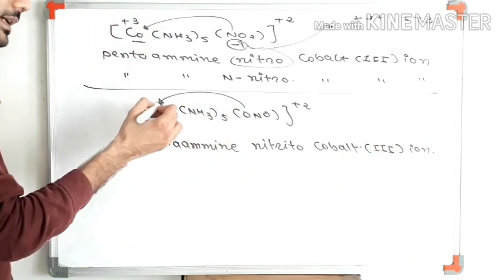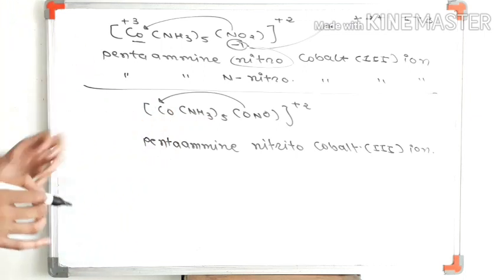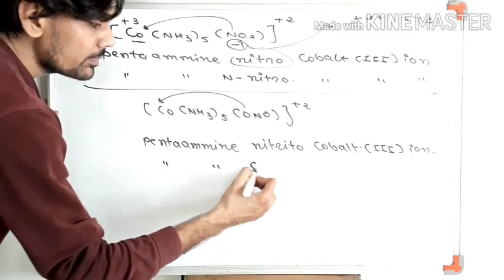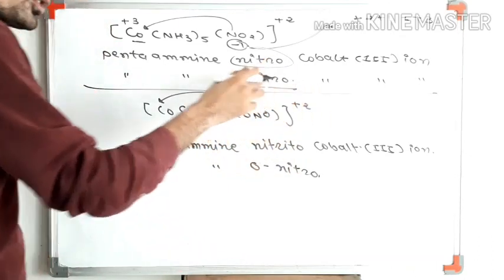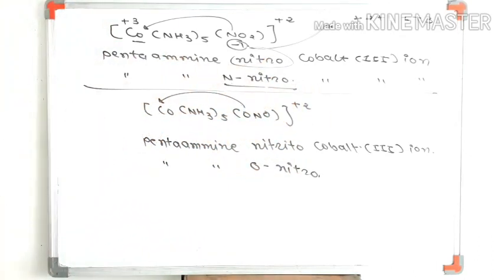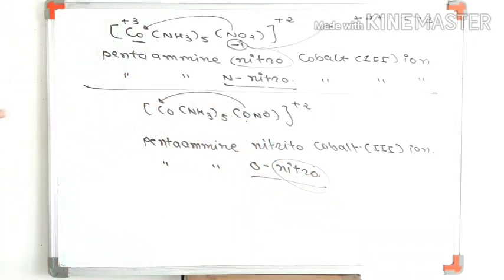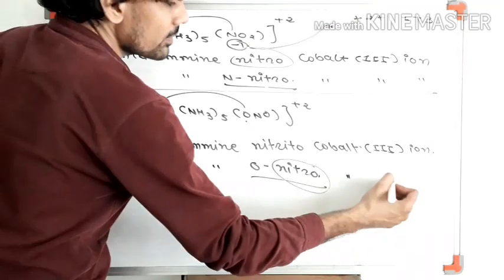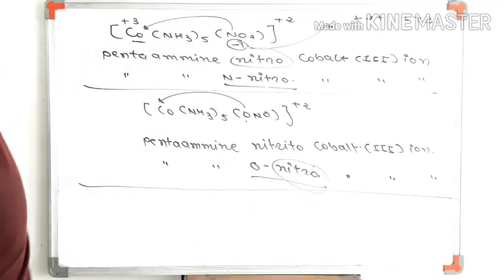Here oxygen donates its electron pair towards cobalt, so the name is pentaammine-O-nitrito. N-nitro means nitrogen bonds with the metal ion. O-nitrito means oxygen makes the dative bond with the metal ion. Clear? Both are correct. Easy. Let's see the next one.